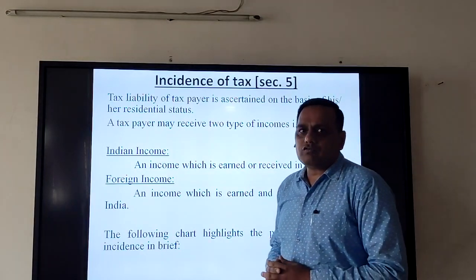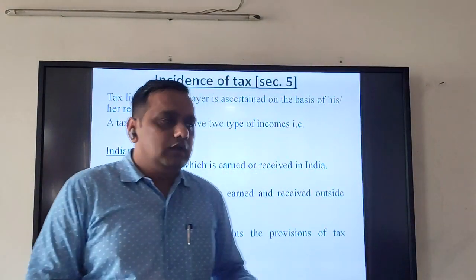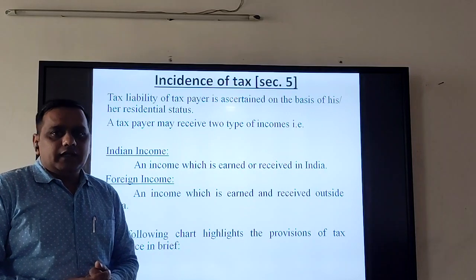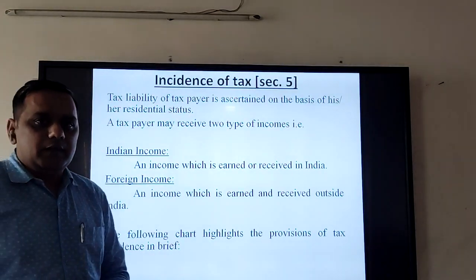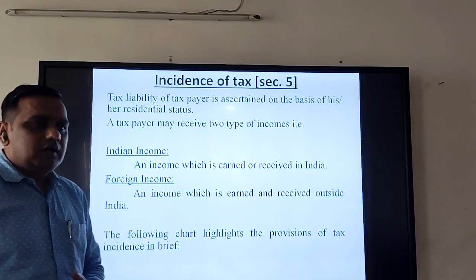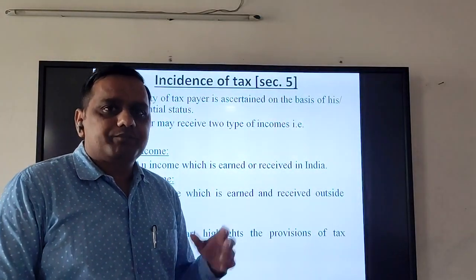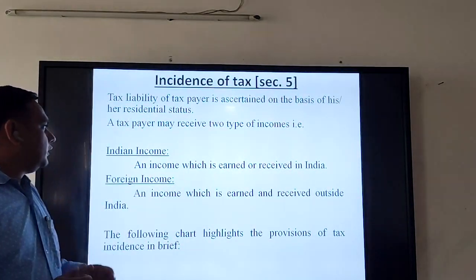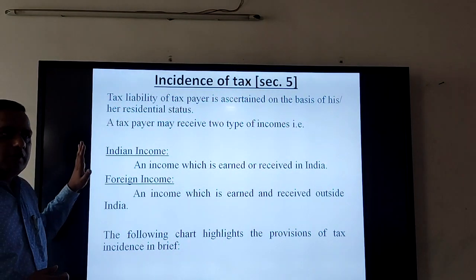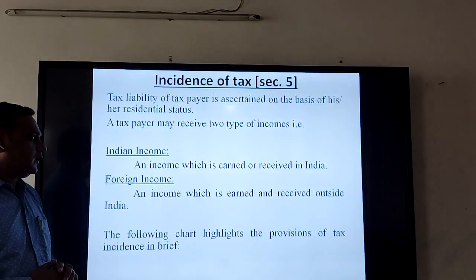As far as the rules of income tax are concerned, a person can get income in two ways. One type of income is called Indian income, another is called foreign income. Here we are differentiating between Indian income and foreign income.